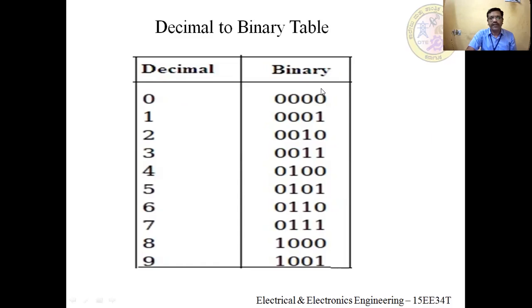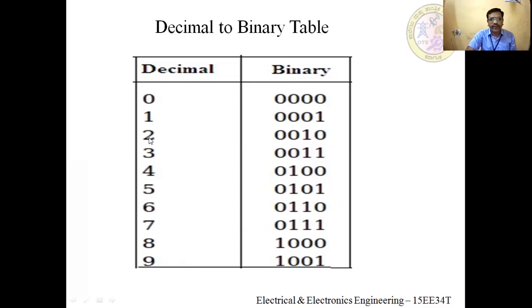First, the LSB is 2 power 0, then 2 power 1, 2 square, and 2 cube. So 2 power 0 is 1, 2 power 1 is 2, 2 square is 4, and 2 cube is 8. Therefore I write here 8, 4, 2, 1 like this.